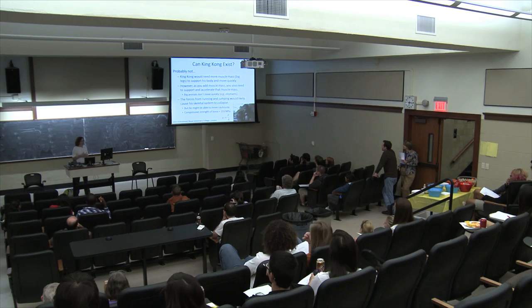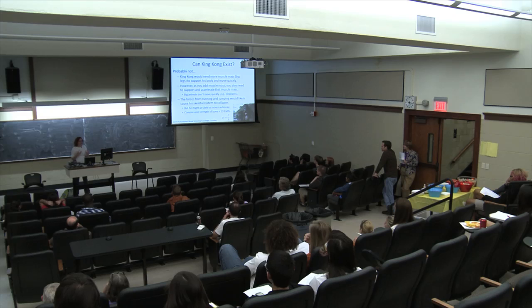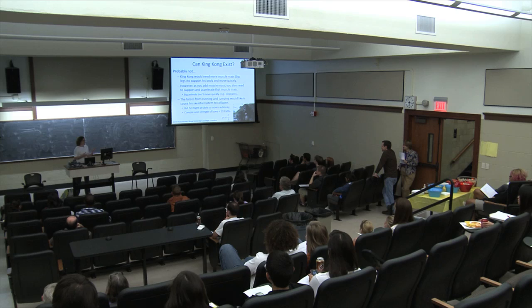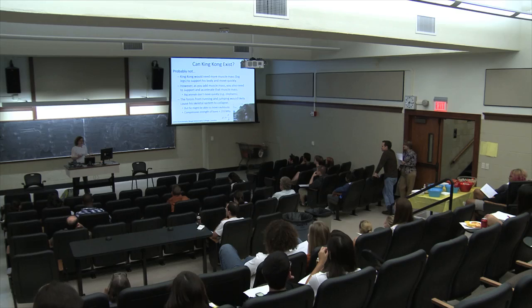For a creature that big, there's a researcher, John Hutchinson, at the Royal Veterinary College, who looks a lot at the biomechanics of large animals. As you get bigger, like I said a few slides ago, your volume and your mass vary with the cube of your increase in height, and you need a lot more muscle mass to accelerate that big body mass around.